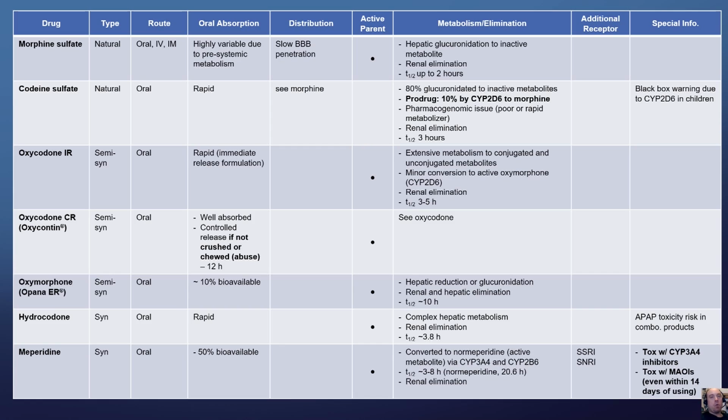But most of them are active as given as a parent compound, and a lot of them do have metabolites that are also active. The dot definitely means it's active when you give it, but it doesn't specify whether or not it's active when it's metabolized, but I have that in the next column.